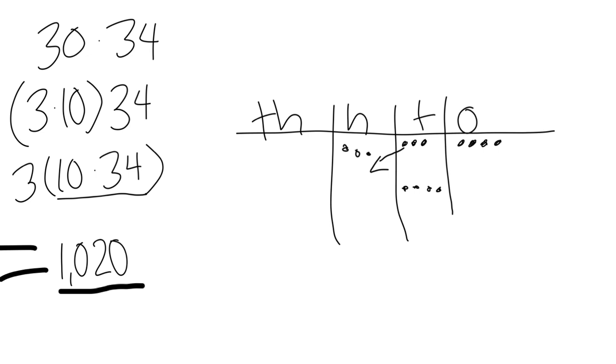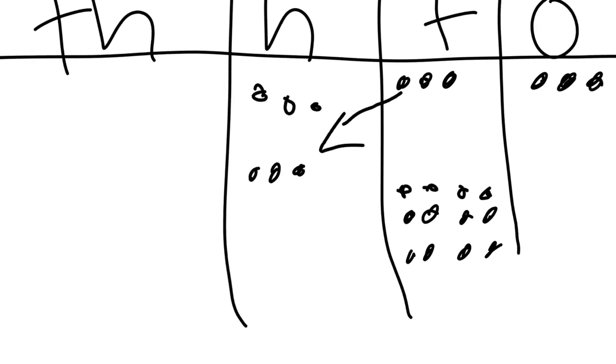And then we're going to multiply each one of these shifted values by 3. So we will have 12 tens, and since we have 10 hundreds, that will shift over.